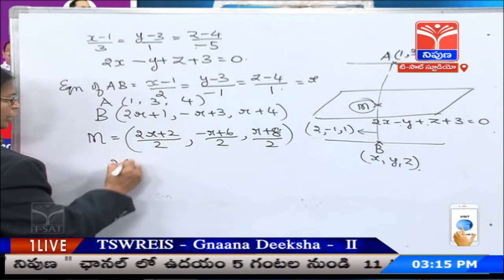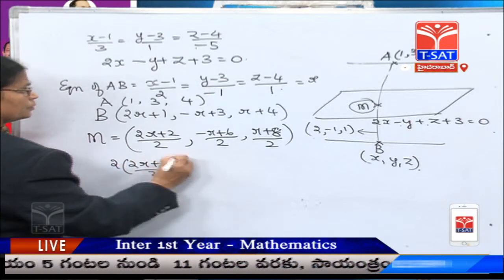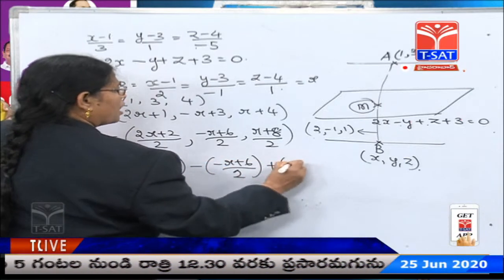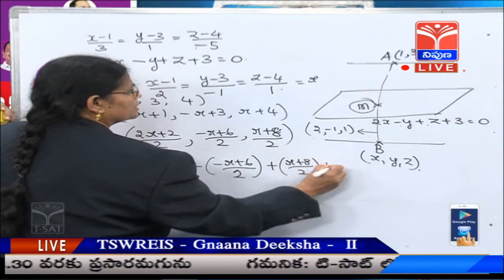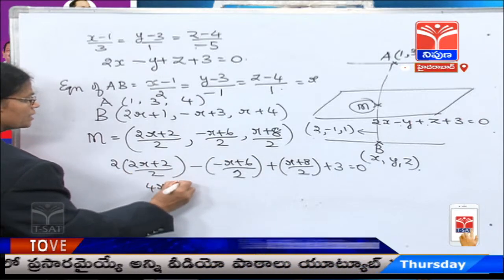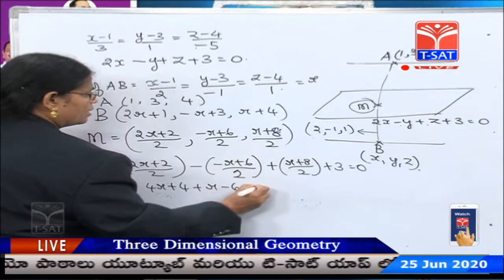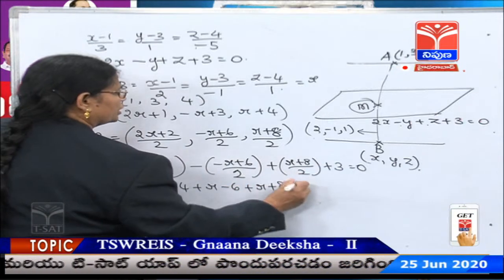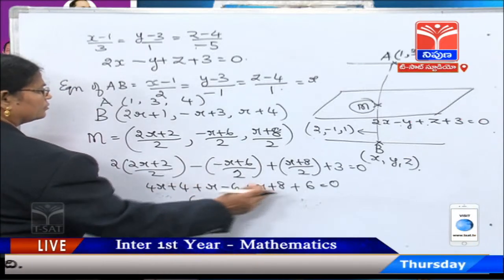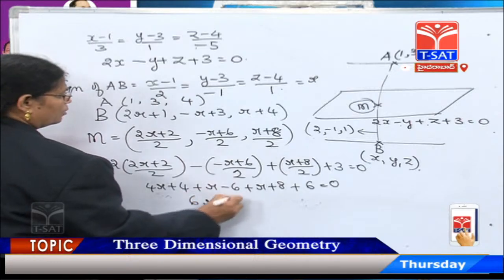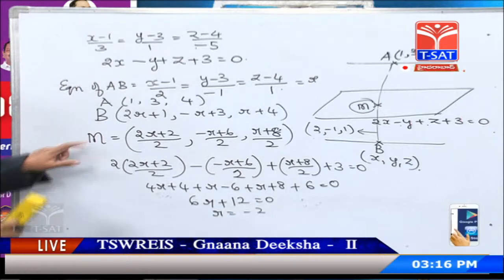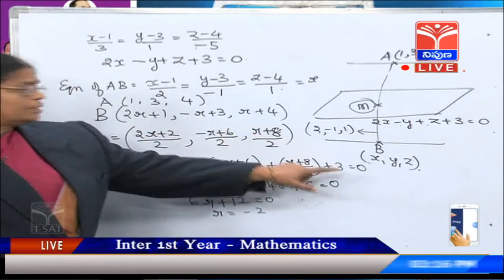Substituting: 2 times (2r + 2)/2 minus (-r + 6)/2 plus (r + 8)/2 plus 3 equals 0. Let us keep the 2 as it is: 4r + 4 + r - 6 + r + 8, multiplying the 2 here, plus 6 is 0. So we have 6r + 14 + 18 - 6 + 12 is 0, so r is -2.